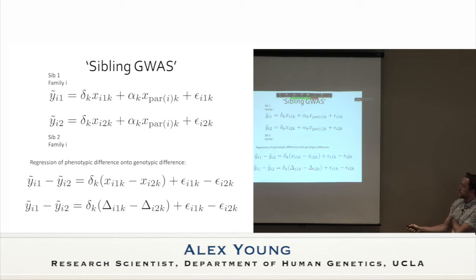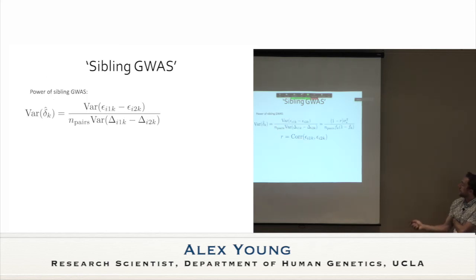So you're really just using the segregation of genotypes in this estimation of the direct effect. And you might hope that this is uncorrelated with this. Actually, it's not quite if you have indirect effects from siblings, which I'll talk about in a sec, but let's just assume that this is true. Then by regressing phenotypic differences onto genetic differences in siblings, you get an estimate of the direct genetic effect.